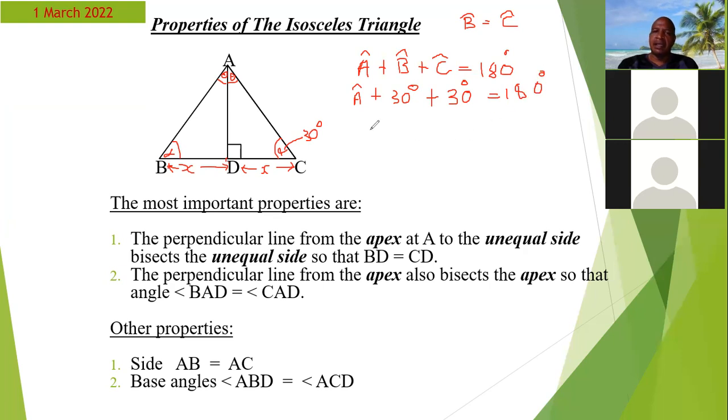All right. So we could now calculate the apex angle. We can add these two angles. So we know that the apex angle plus the sum of those two angles, which would be 60 degrees, is equal to 180 degrees.